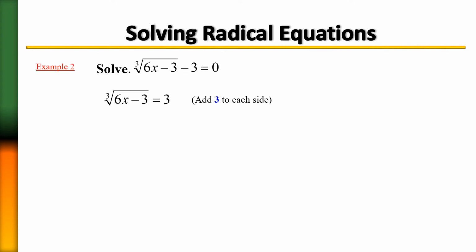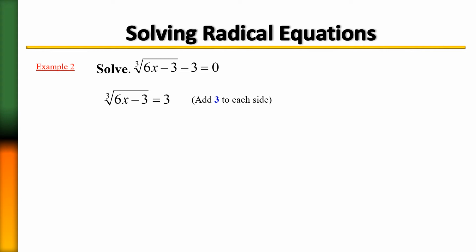And now that we have the radical isolated on the side by itself, as should be, we can proceed with removing the radical. And how do we remove the radical? Yes, you got it. We have to do the opposite. This is cube root. The opposite of cube root is to cube a number.